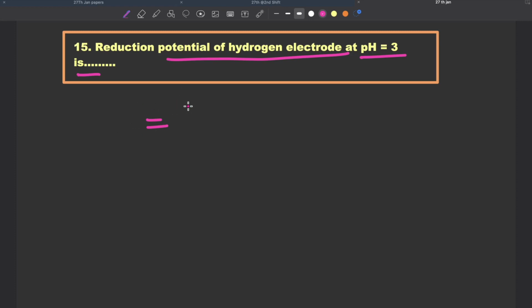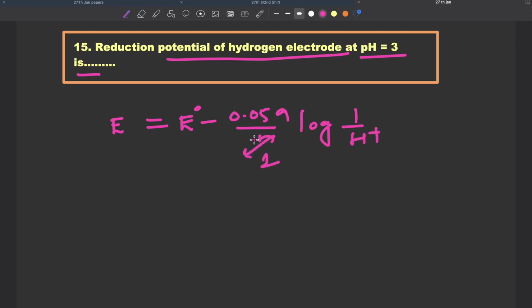We have the Nernst equation, E equals E0 minus 0.059 by n into log, for hydrogen, 1 by H plus should be written, n equals 1, and for hydrogen E0 will be 0. So that means minus 0.059 into log, so 1 by 10 power 3.